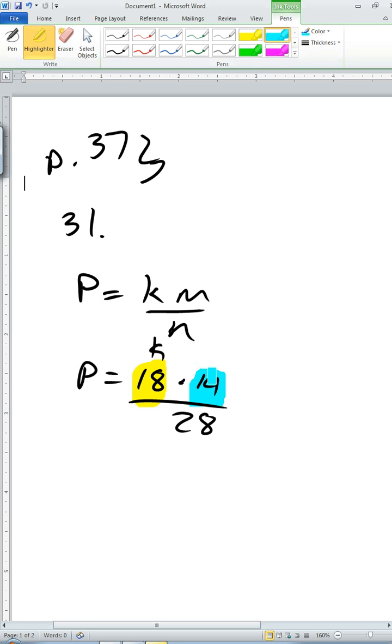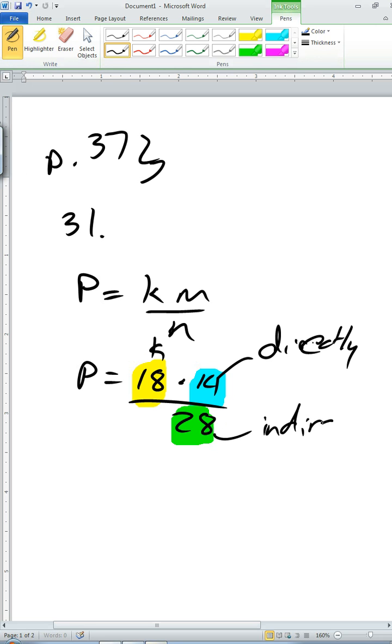This blue piece is the part that varies directly. And here we have our green one. This is the one that varies inversely.